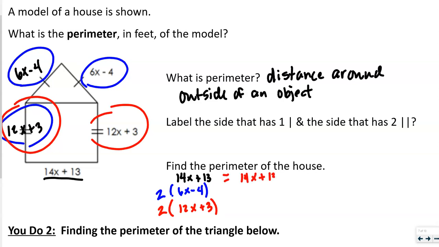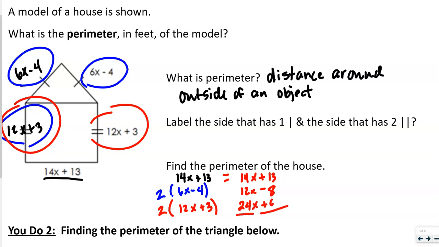14x plus 13. 2 times 6x is 12x. And 2 times -4 is -8. And then we got 2 times 12x. That's 24x. And then we got 2 times 3, and that's 6.